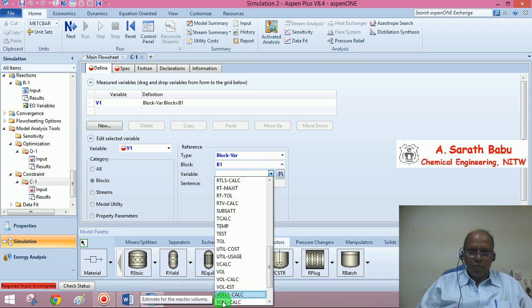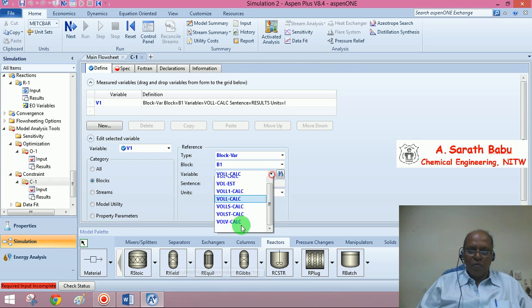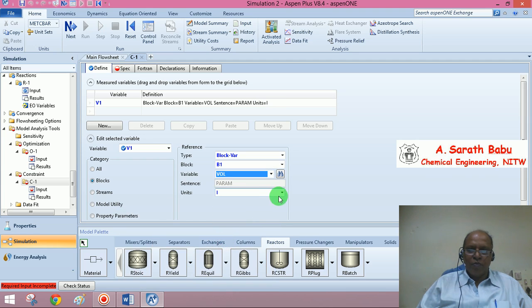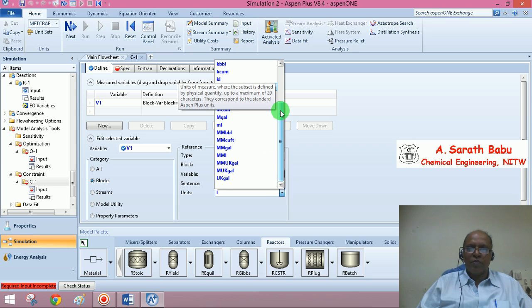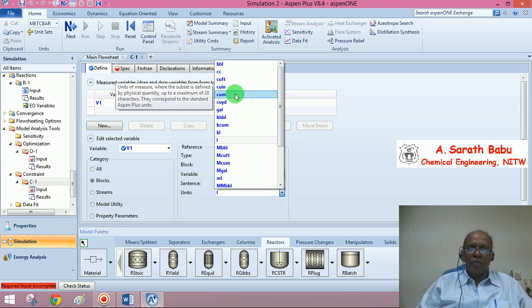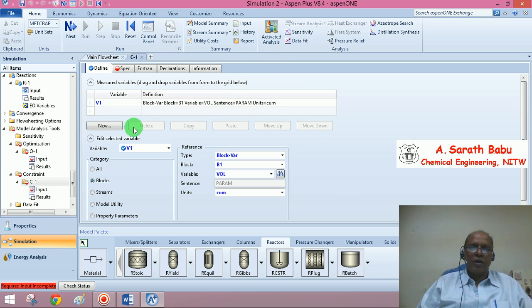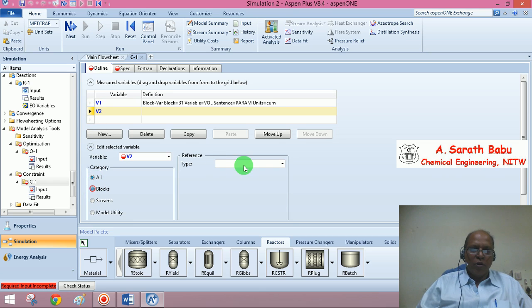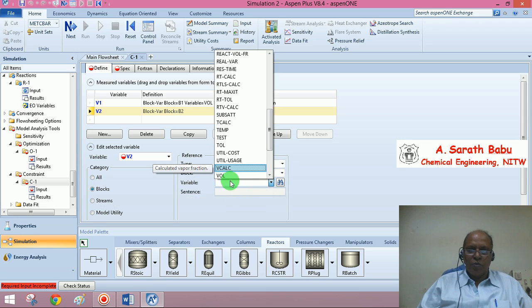Variable is volume. This is in cubic meters. Right. Similarly, next V2. Again, it's a block variable. Block is B2. Variable is volume.